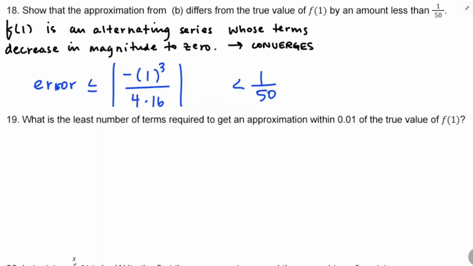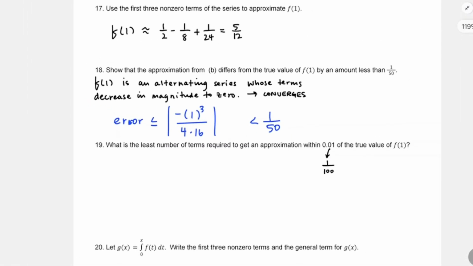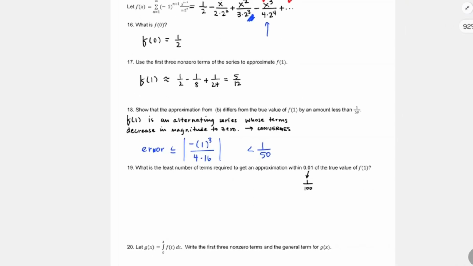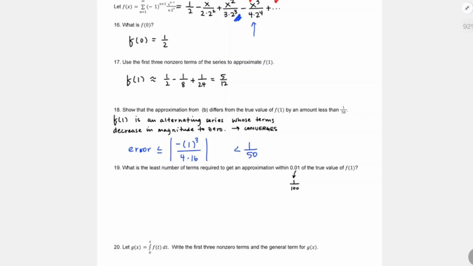What's the least number of terms required to get an approximation within 0.01? Well, 0.01 is 1 over 100. And so I'm really looking for, when does the next term go less than 1 over 100? All right, I don't think that n times 2 to the n equals 100 is an equation we're necessarily trying to solve by hand.